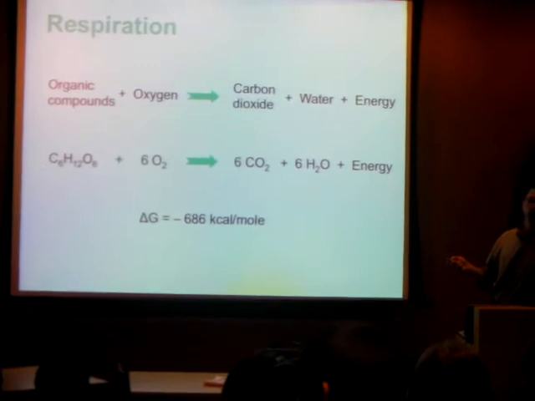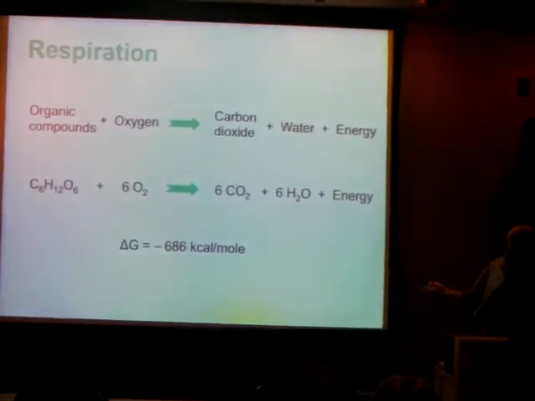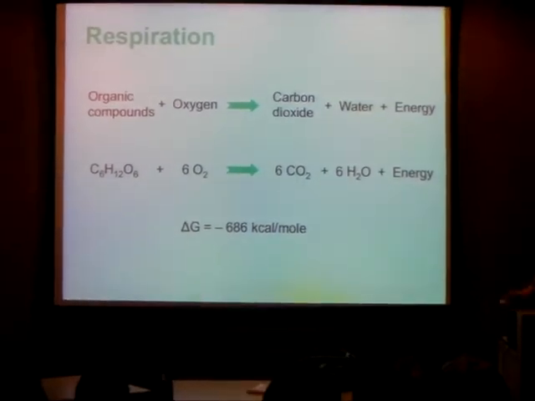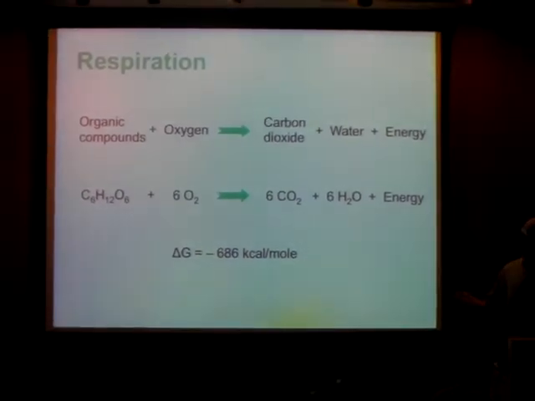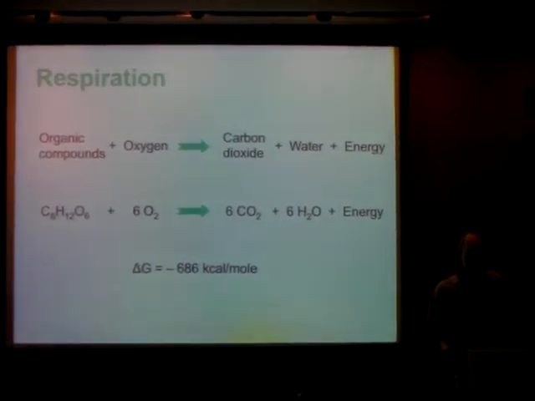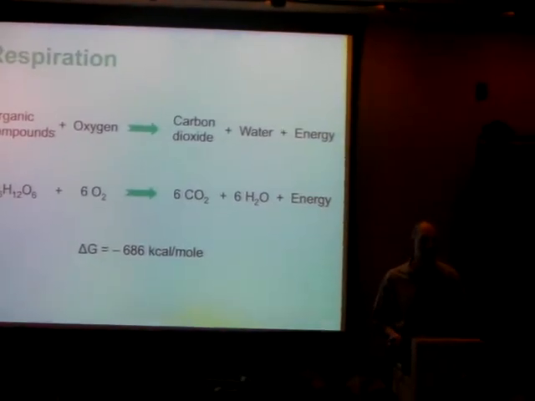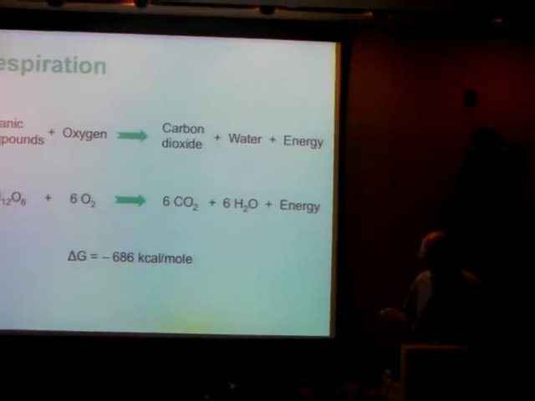So this is the overall picture for respiration. You have these organic compounds, add oxygen, and you get carbon dioxide, water, and energy. This could be many different kinds of organic compounds, but today we're going to be focusing on glucose, just as an example of respiration.